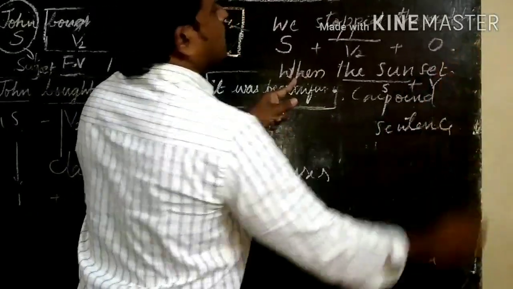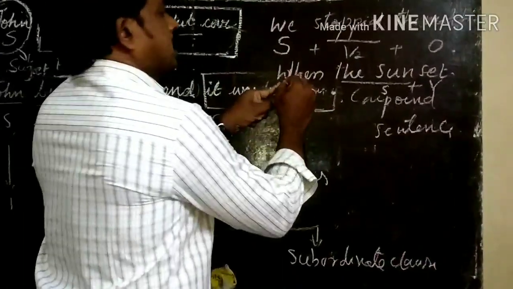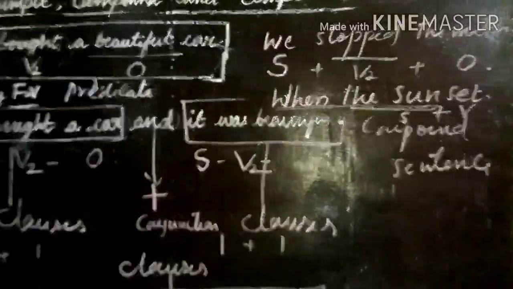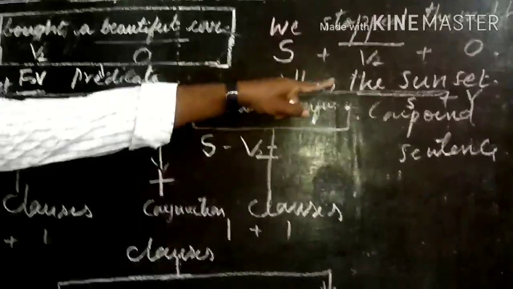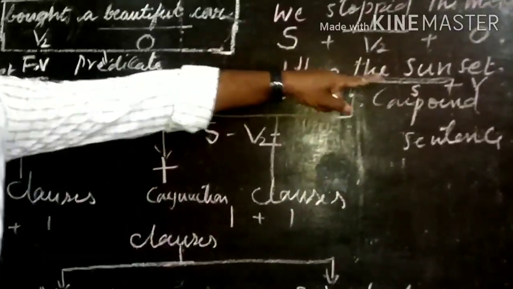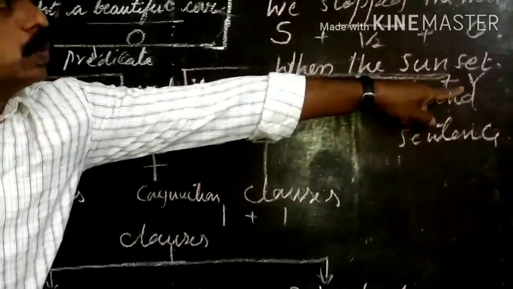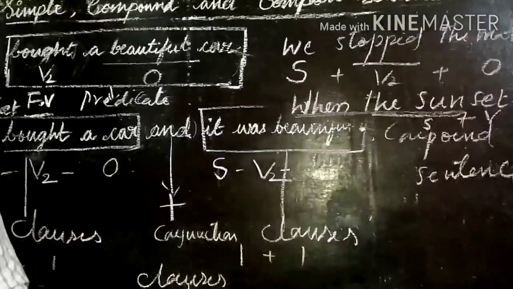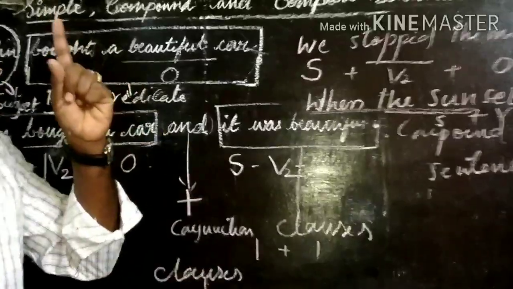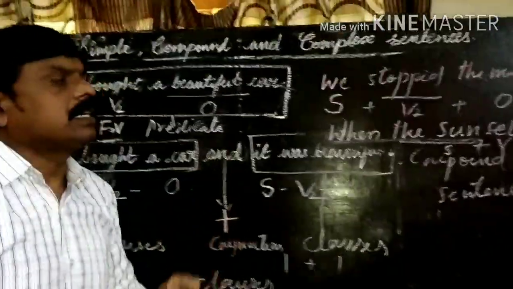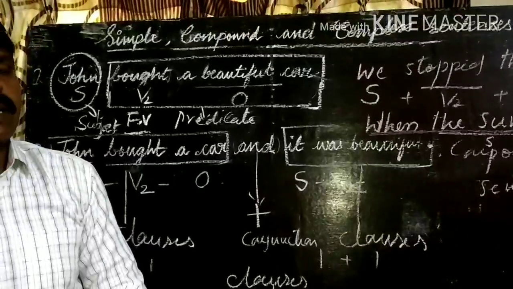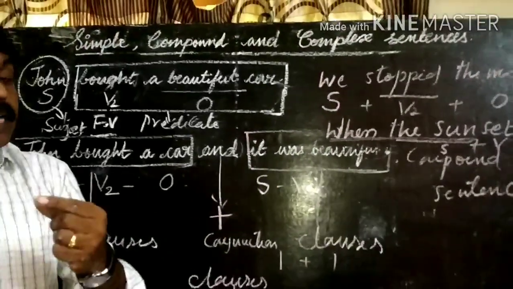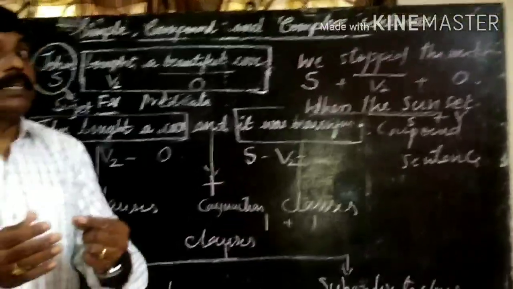Of course, "when" is a conjunction. See, this sentence, though it has a subject and verb of its own, doesn't make complete sense. When the sun set, at the time of sunset, it doesn't make complete sense. It remains incomplete. It cannot stand by itself as a sentence.